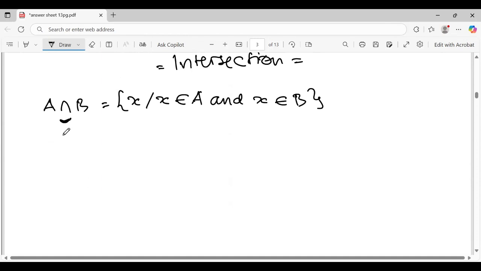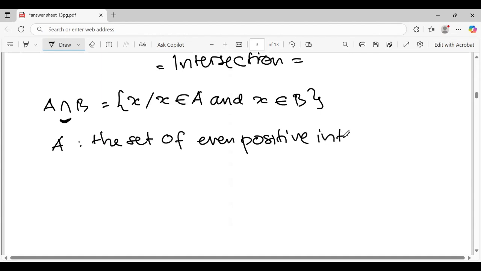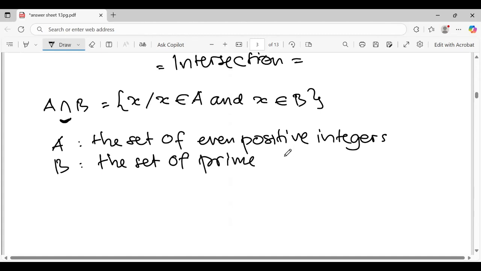For example, if set A is the set of even positive integers, meanwhile B is the set of prime positive integers.